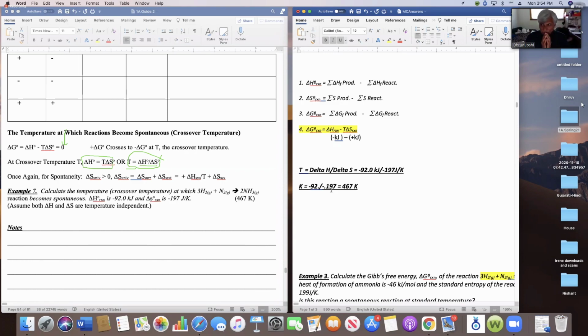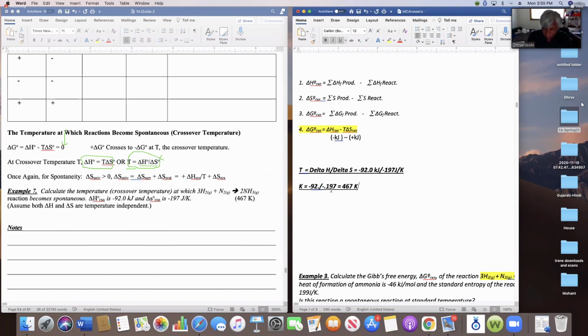Now, story time. You would say, so big deal. Yes, we understand that if you want to form ammonia, you have to have a very, very high temperature for the reaction to go on. 467 K, that means 467 minus 273, we are talking about almost 200 degrees Celsius.